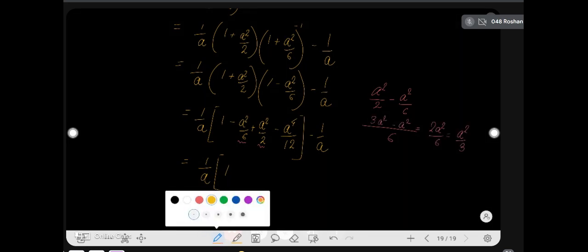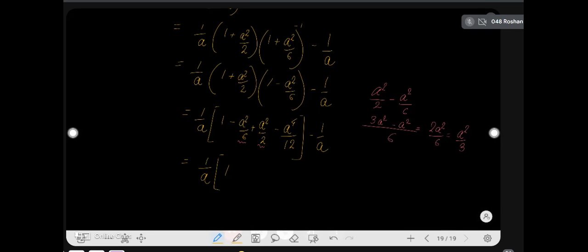So we can write this down as 1 plus a square divided by 3 minus a to the power 4 by 12 minus 1 by 3.